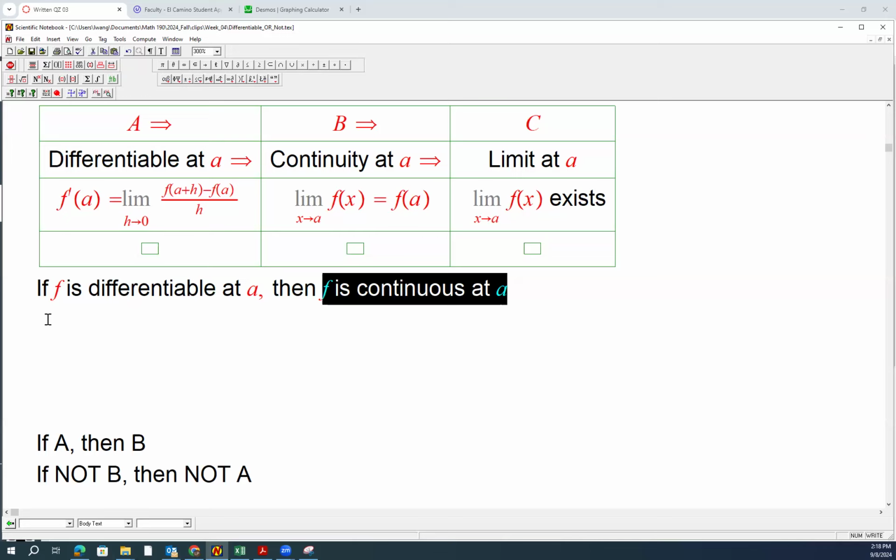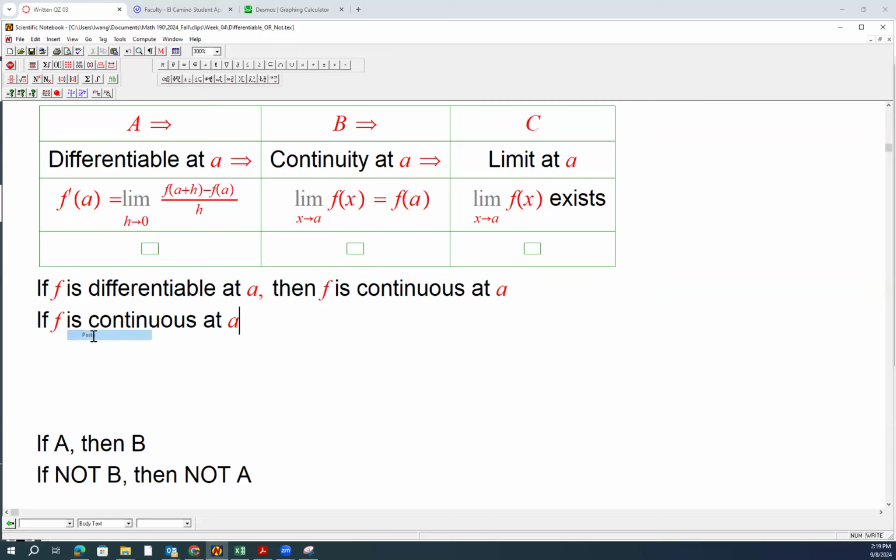So what would be true based on this conclusion? That if not B, then not A. What is not B? This is B. Not B means it is not continuous.